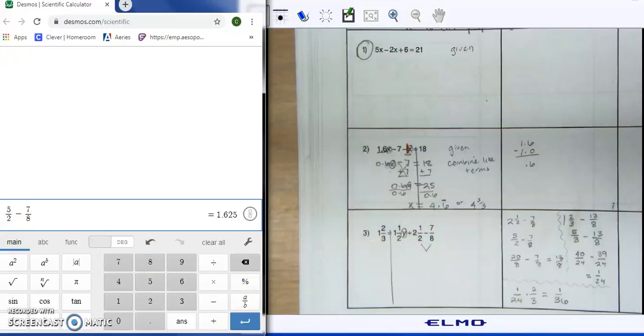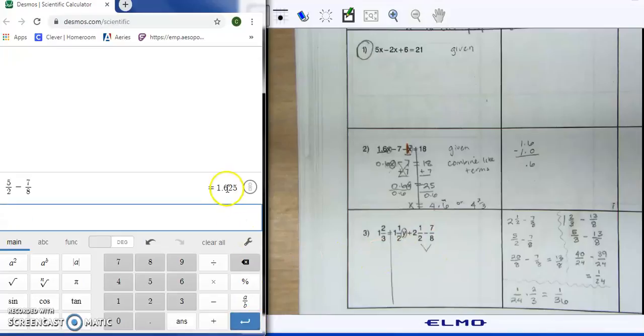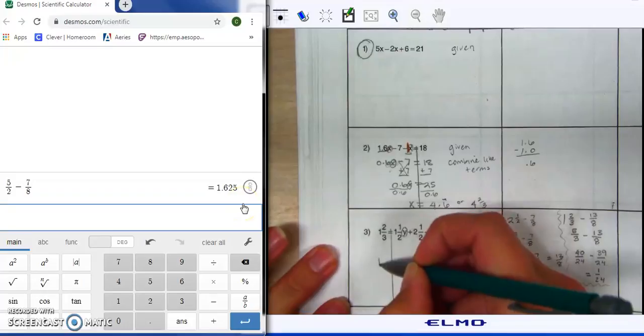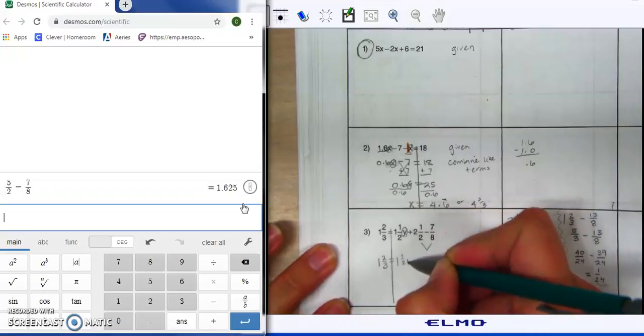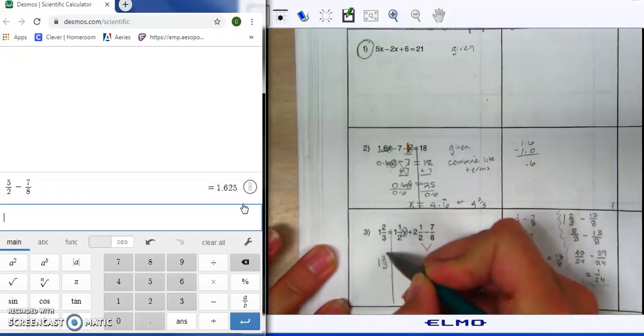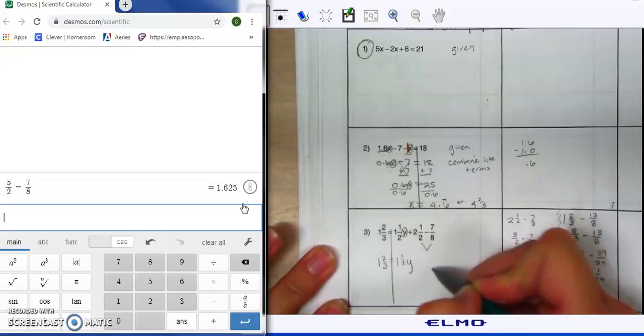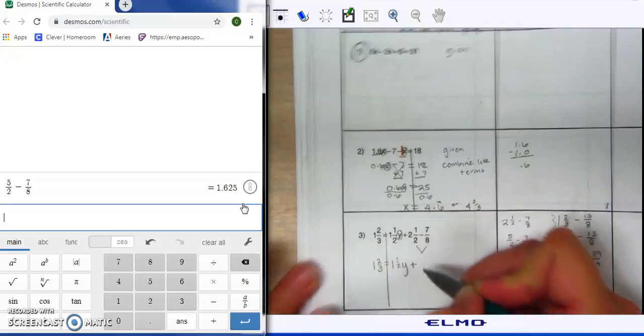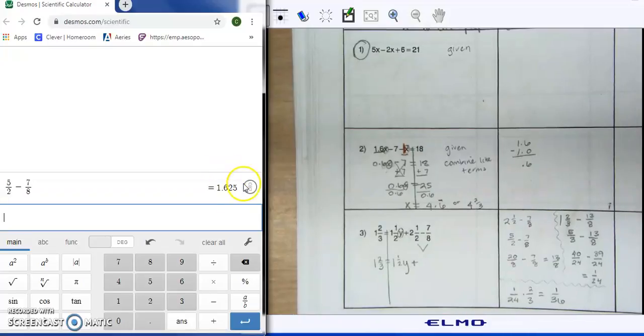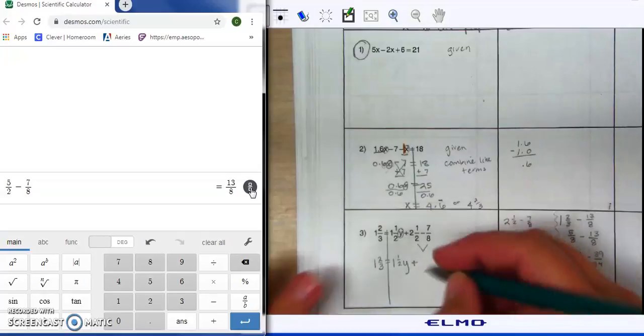And so I'm going to go ahead and hit enter there. It has it as a decimal, which looks like a terminating decimal, so we can either leave it as that or we can write it as a fraction, and we'll change that formatting. So 1 2/3 is equal to 1.5y. I had more positives than negatives, so I know this is going to stay positive, so I write the plus sign. And let's go ahead and change that back into a fraction. So that's 13/8.